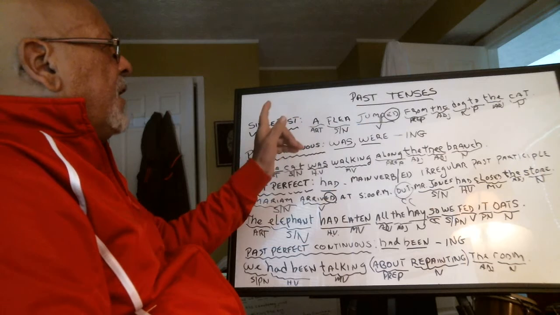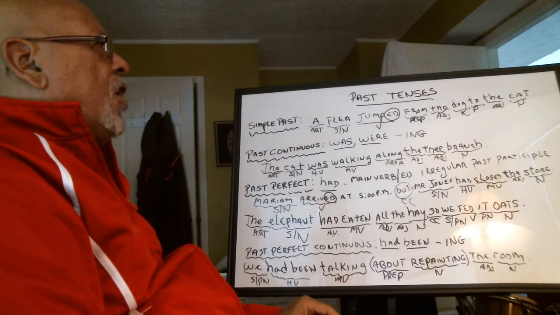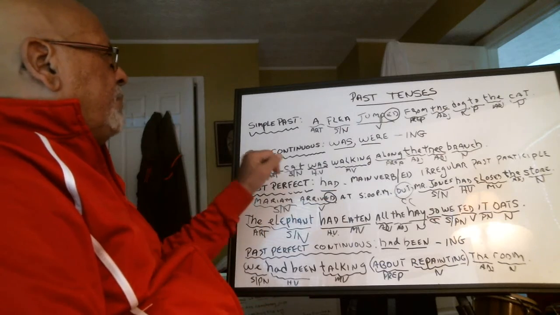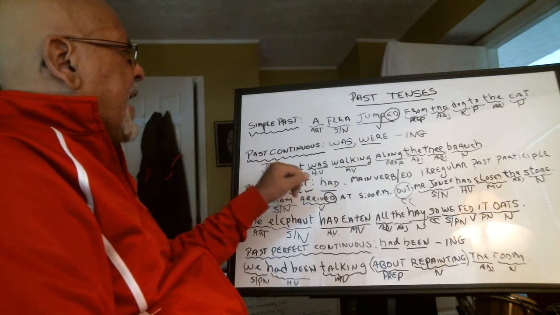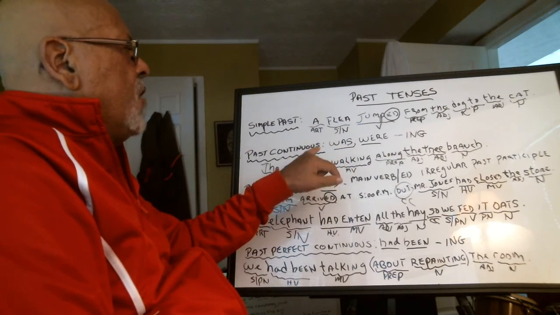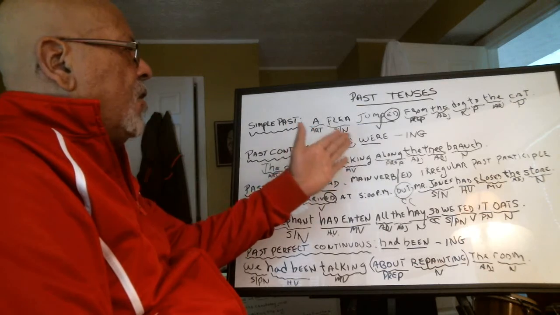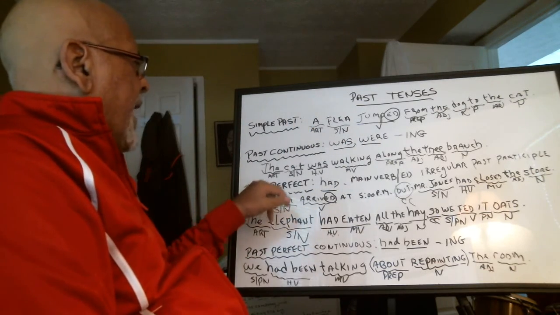So I'll read the sentences again. Simple past. A flea jumped from the dog to the cat. Past continuous. The cat was walking. Was, helping verb, walking, main verb, along the tree branch. Past perfect.